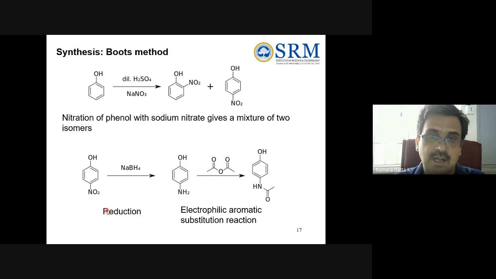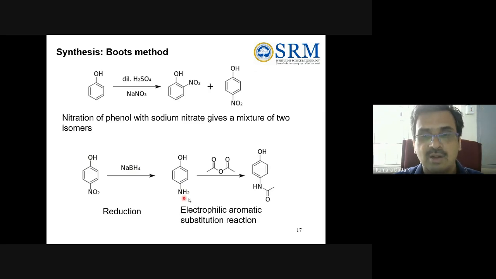Then we take the nitro counterpart, and we apply the organic chemistry we learned in the last class. We take the para-nitrophenol and add sodium borohydride. You know that it will supply hydrogen, so the nitro group will become an amine. So we get aminophenol.